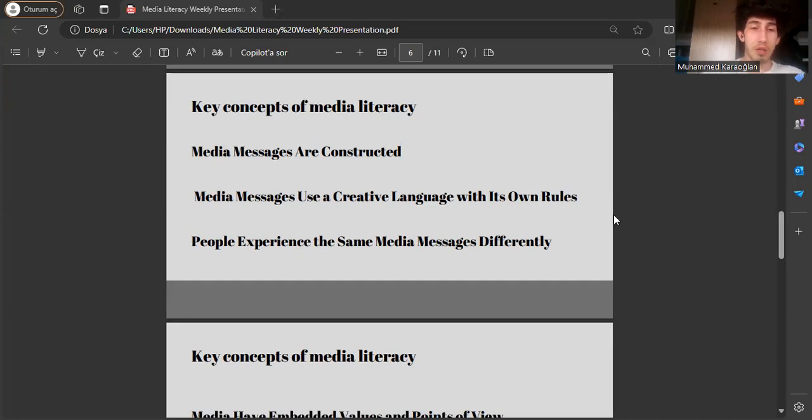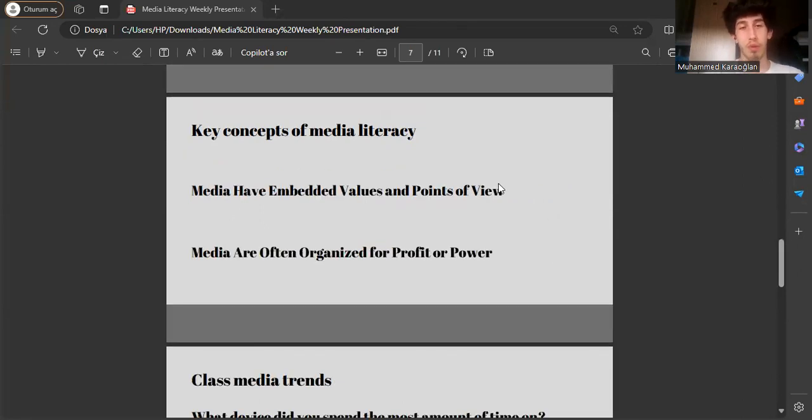Our fourth key point is that media have embedded values and points of view. This means all media carry inherent values and perspectives. Bias can be overt, like newspapers supporting political parties, or subtle.